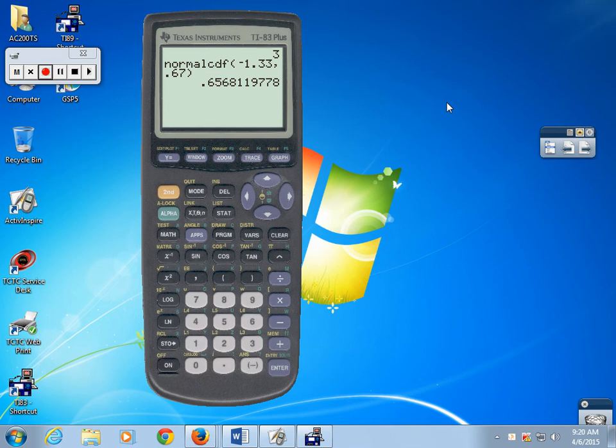Something like that. Now, what do you need to do for infinity? Well, let's say we're going from 0.67 to infinity, the right-hand side. So we type in second function, enter, and we type in 0.67.